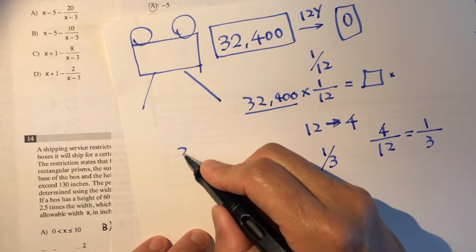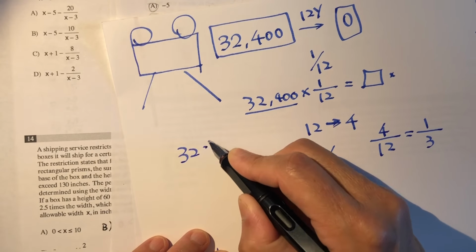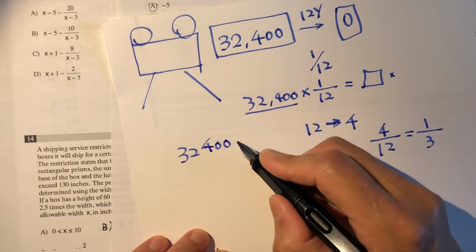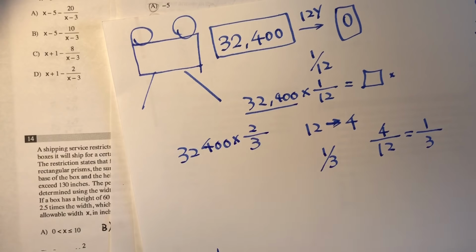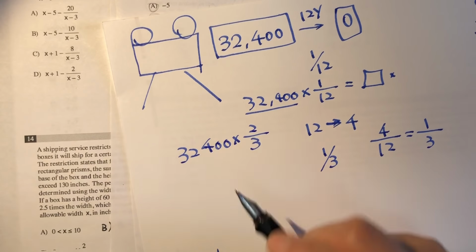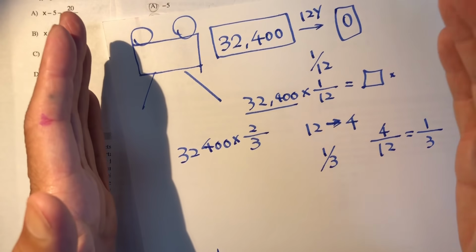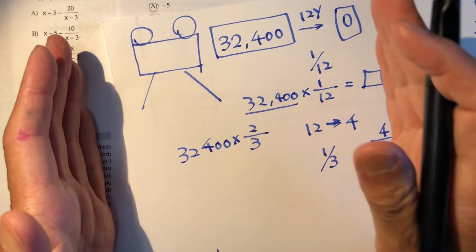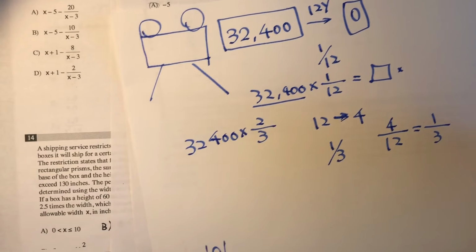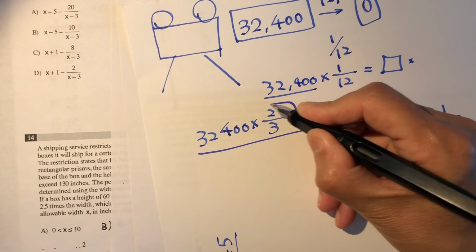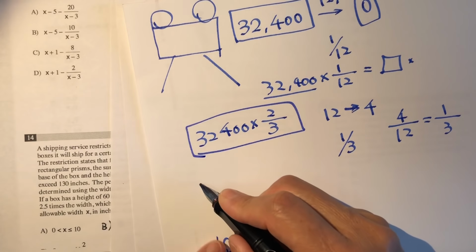So the whole value times 2/3. Why? Because 1/3, 4 years, is used up. There are still 8 years left over. And this is the equation when you think it through.